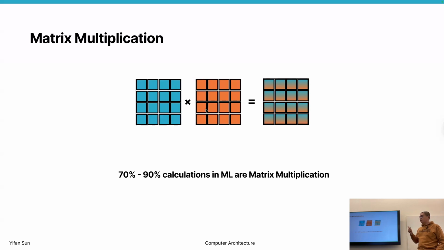Then the question is, does the calculation of the second point really depend on the first one? No, right? It's totally independent. So we can just calculate the first one and the second one together at the same time. So can we say this is an embarrassingly parallel program? Pretty much at this stage, yes.